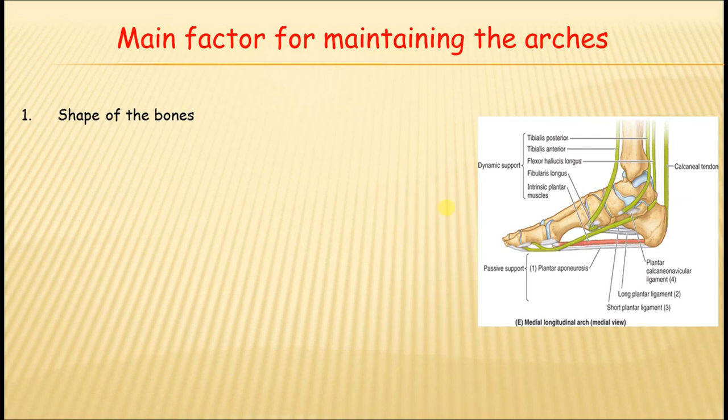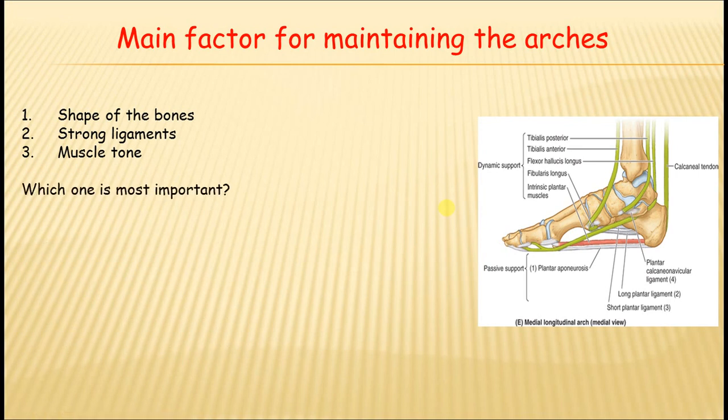So shape of the bones we have seen for all the arches, then we have seen about the ligaments, then we have seen how the intrinsic and also the long tendons help. Now of these, which is most important? We cannot pinpoint and tell that this factor is very, very important. It is actually a combination of all the factors. But when and how do these come into play?